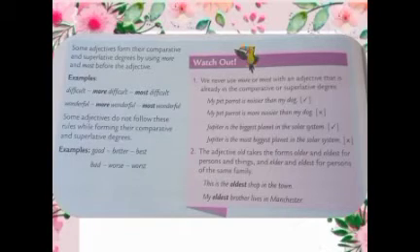Next, in the next example, Jupiter is the biggest planet in the solar system is correct, because it is the biggest planet. So we used the biggest. But we should not say Jupiter is the most biggest planet. Already we changed big into biggest. Big, bigger, biggest. So it is already in the superlative form.